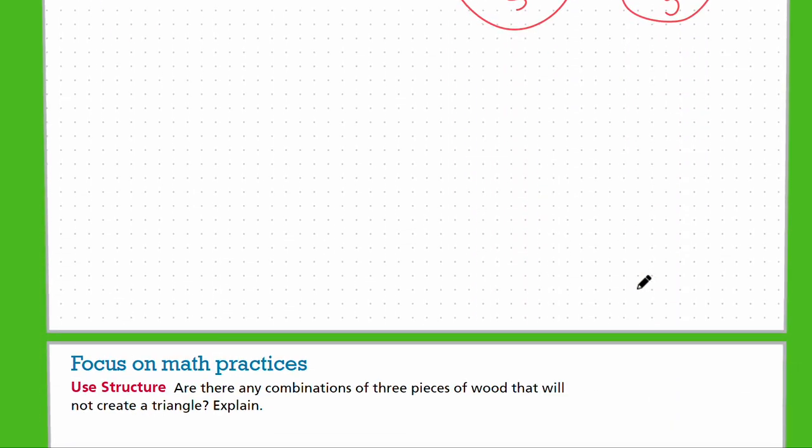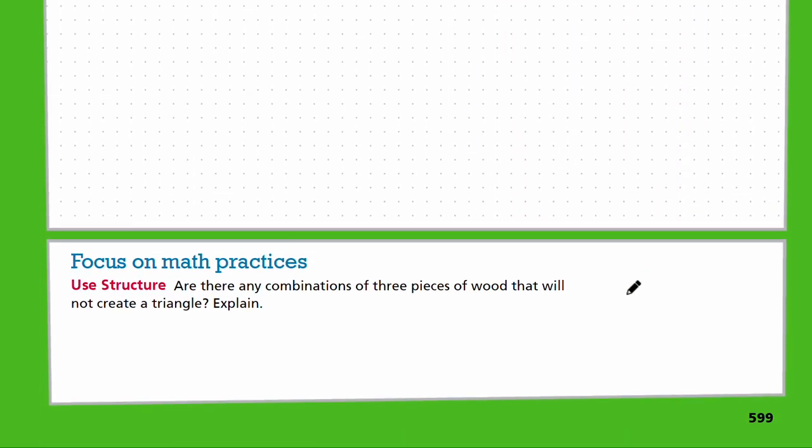Let's look at focus on math practices. Are there any combinations of 3 pieces of wood that will not create a triangle? Yes, we just talked about that. Let's explain.